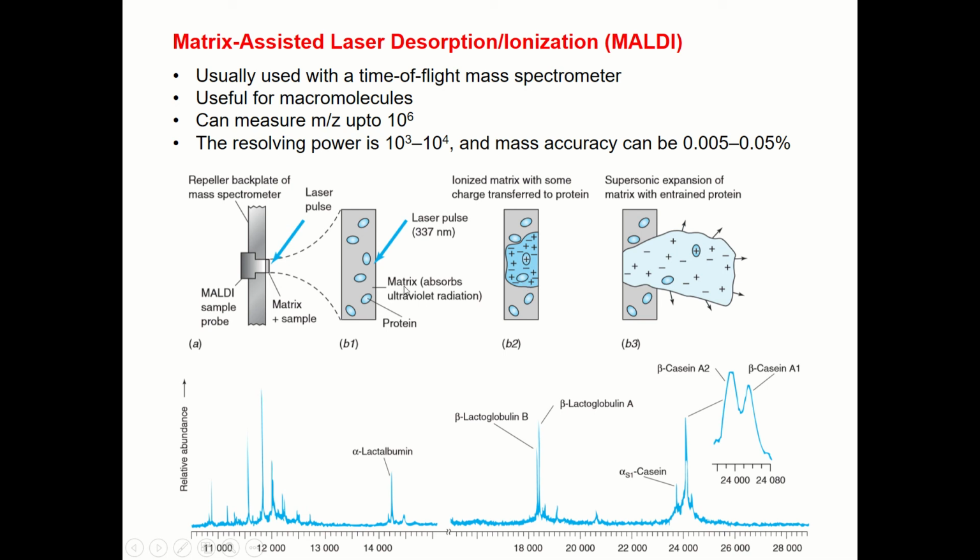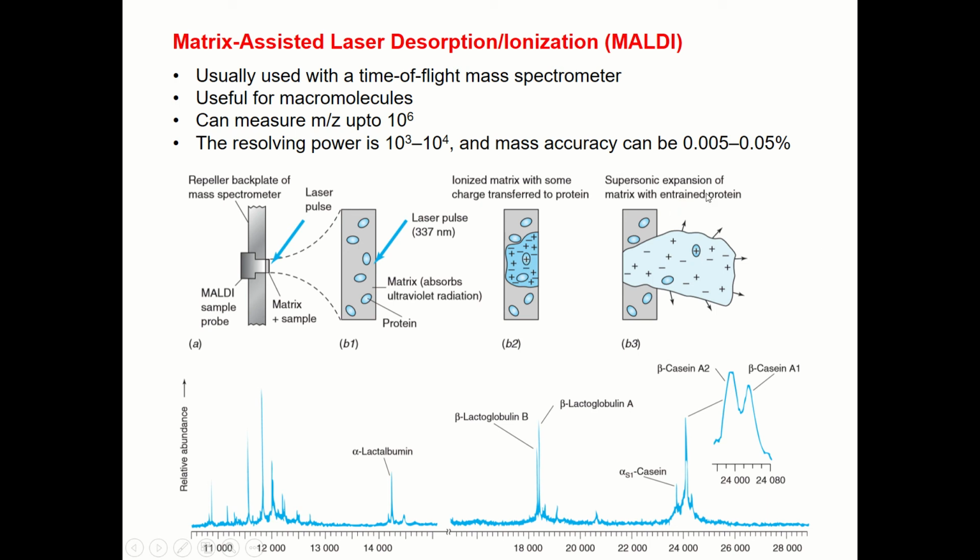When you shine the sample plus matrix with the laser pulse, this part is ionized, energy is transferred, some charge is transferred to the protein, and the protein takes positive charge, but usually the bonds are not broken. So the molecules are still there.